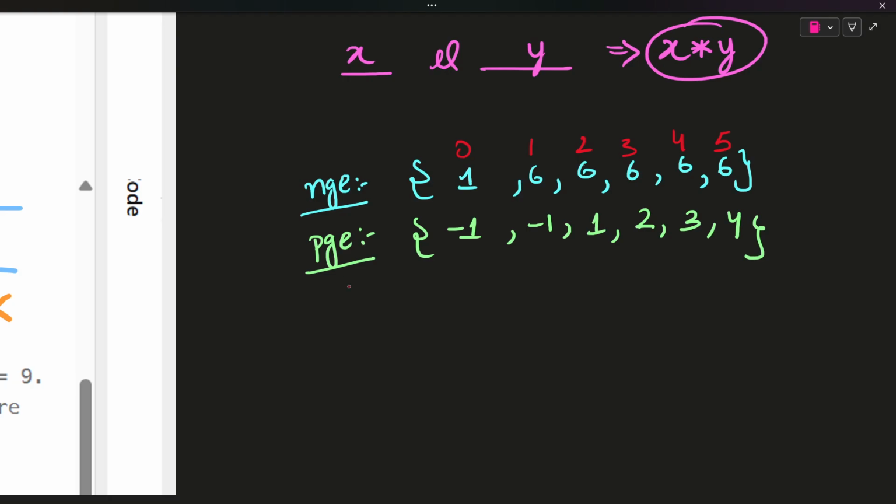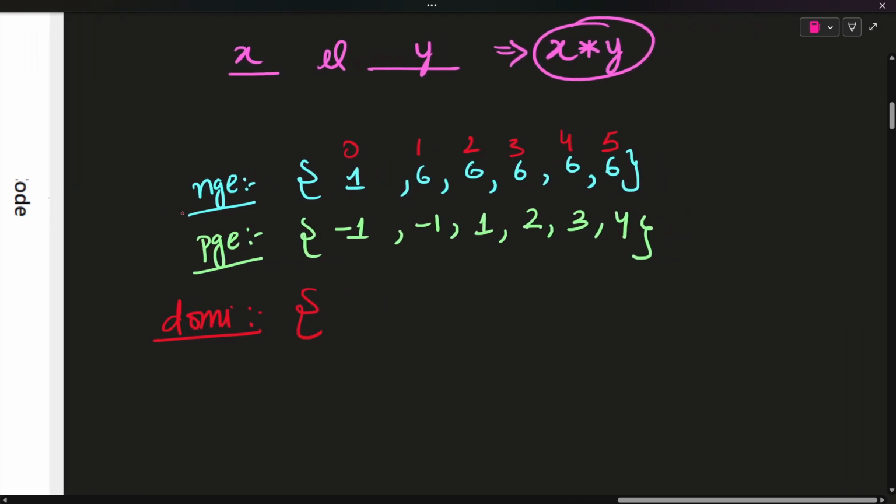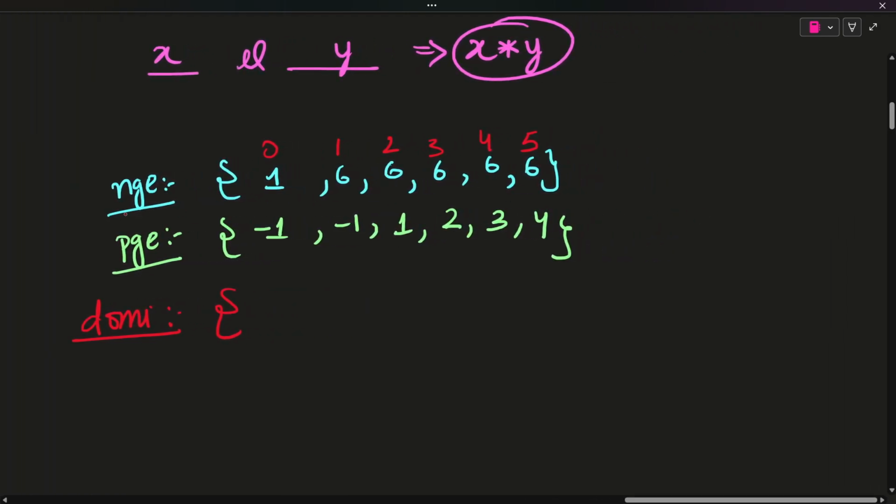So dominant. If I calculate it, NGE minus I, let me just write it down here.